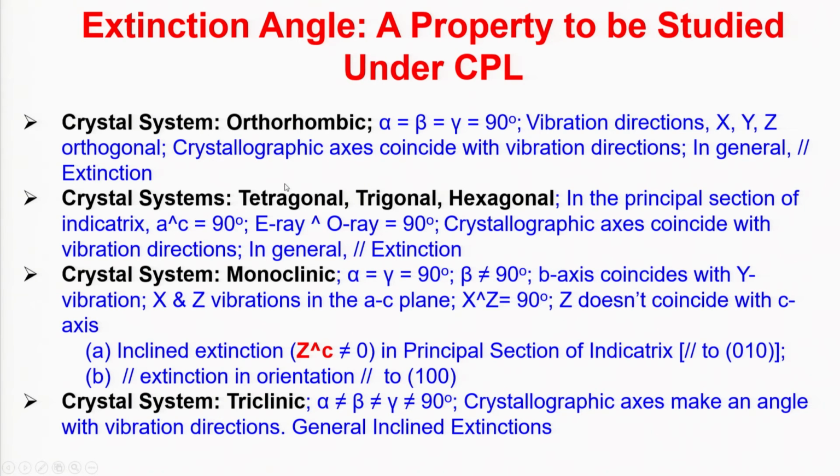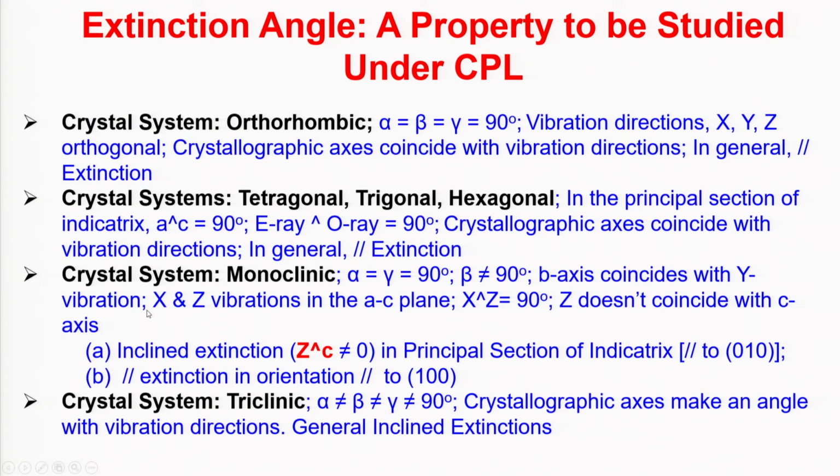So, you have straight extinction in minerals belonging to the orthorhombic crystal system. The same is true for tetragonal, trigonal and hexagonal crystal system, particularly in the principal section of the indicatrix. Angle C is 90 degree and E ray and O ray, their angle is also 90 degree. So, crystallographic axis coincide with the vibration directions, and they will also show straight extinction or parallel extinction.